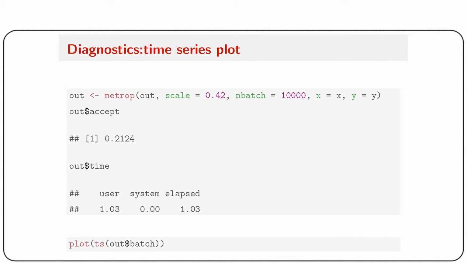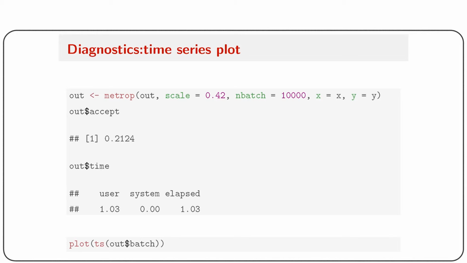The diagnostics for MCMC with the Metrop function: we'll start with a very simple time series plot. So let's first get the object of Metrop, so out equals Metrop(out, scale equals 0.42, nbatch 10,000, say, and here the acceptance is 0.21. It's fairly okay.